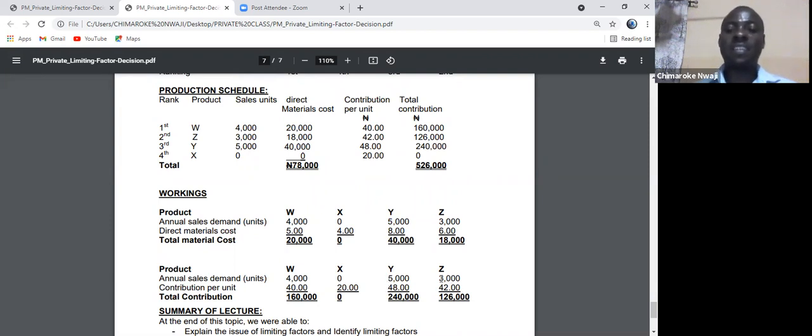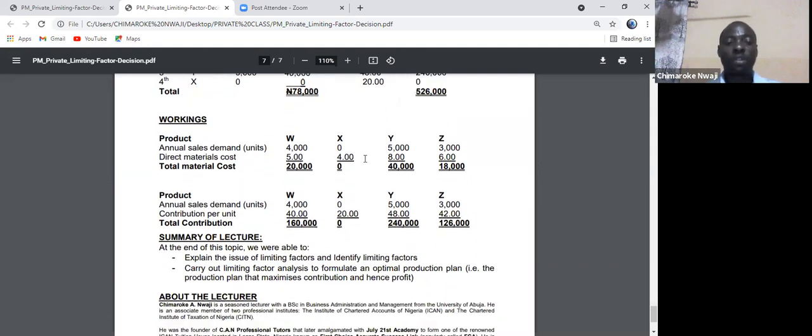And Z was 3,000 multiplied by 42. We have all of that and we replicated them here. Our total contribution is 526,000 naira. So you see, we have come to the end of the topic.